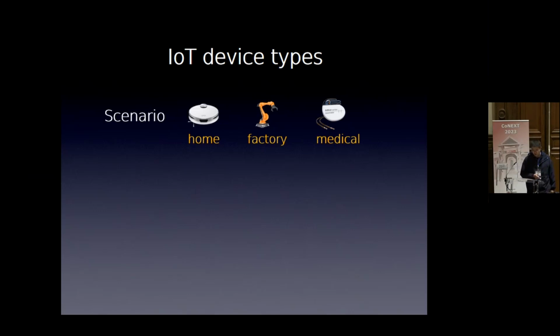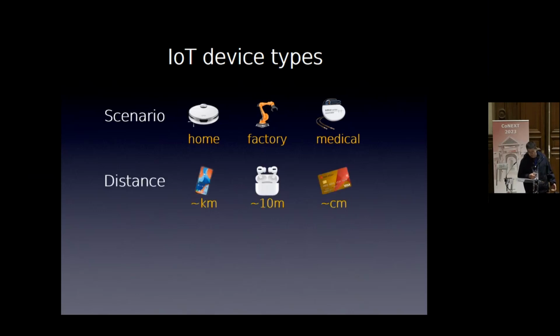In terms of working scenarios, they can be classified as working in home, factory, or medical settings. Considering their communication distance, IoT devices range from kilometers to centimeters. Regarding power supply, some devices need to plug into a wired power line, or they are equipped with batteries.